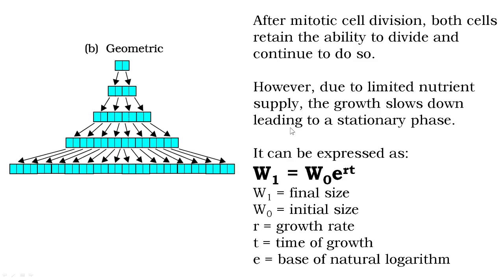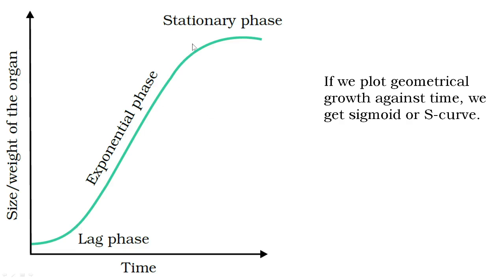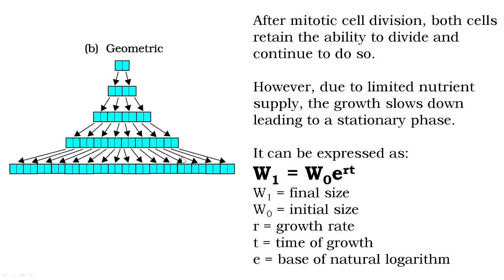Because of cell death, the growth does not keep on going exponentially. It becomes stationary after some time. So here you can see initially there is a lag phase.